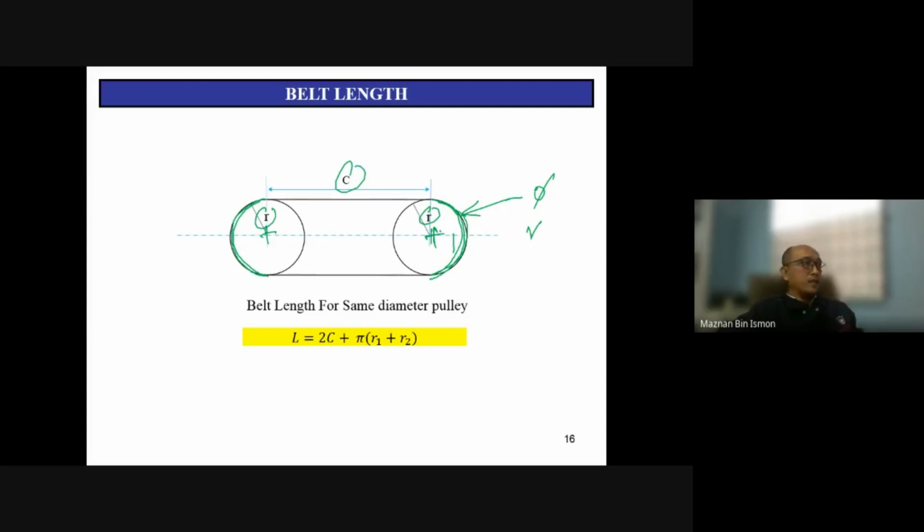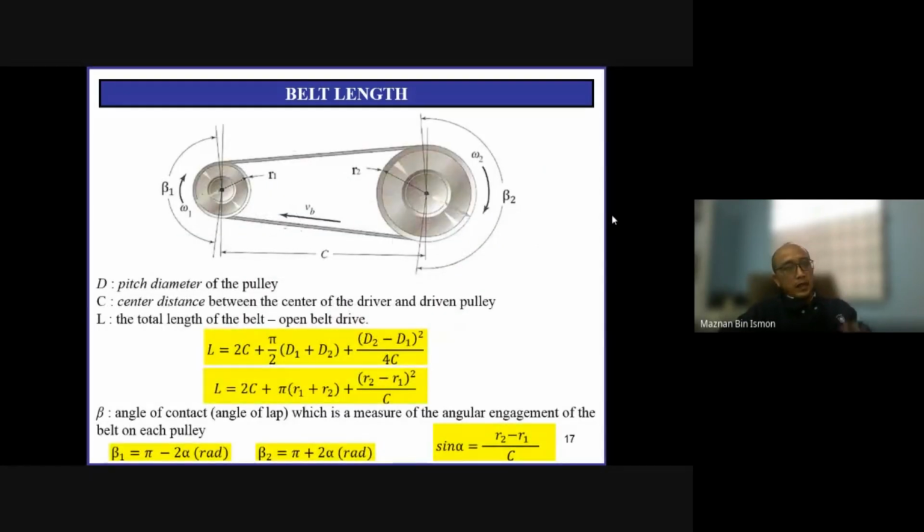Center to center distance. So we get 2C plus the perimeter of the pulley over here. So that is the belt length for pulleys of the same diameter. Okay. For different pulleys, this is the smaller size, this is the bigger size.